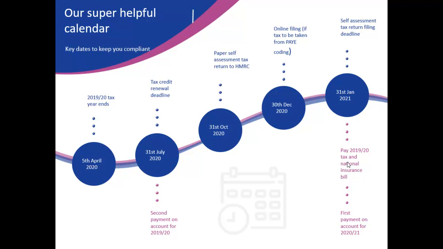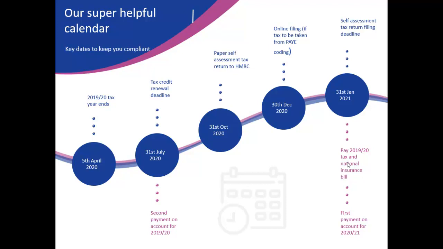Come the 31st of January, that is when you have to have submitted your self-assessment tax return. It is also the date you need to pay your self-assessment tax, including any payment on account for the next tax year. So everything has to be paid. Your Class 2 national insurance has to be paid by the 31st of January 2021 in this case.